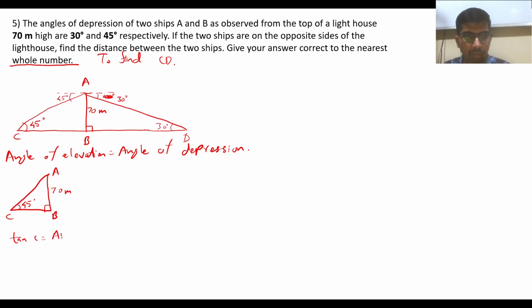Tan C is AB upon BC. So tan 45. AB का height कितना, 70 मीटर है. 70. BC we don't know. But we know tan 45 1 होता है. So BC will go over here. तो BC कितना हो जाएगा, 70. BC will become 70. BC is 70.